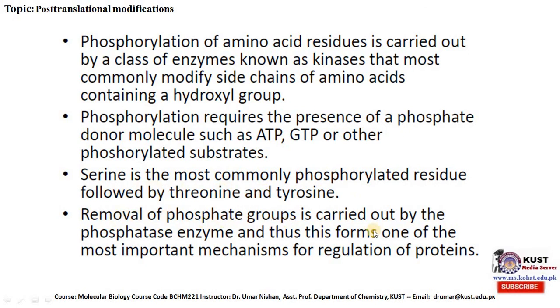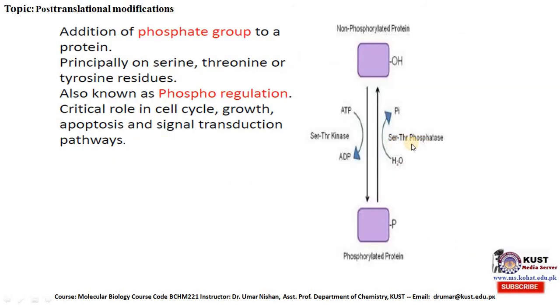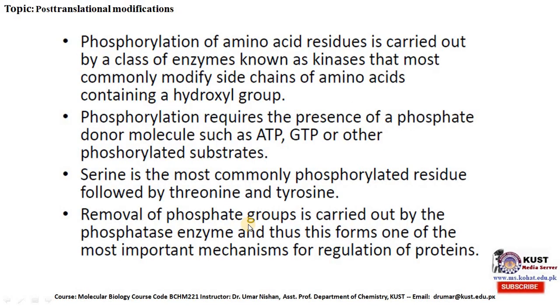Removal of the phosphate group is carried out by the phosphatase enzyme, and thus this forms one of the most important mechanisms for regulation of protein. Here you can see that serine threonine phosphatase removes the phosphate and it is again converted into a non-phosphorylated protein. So it can be either phosphorylated or dephosphorylated.